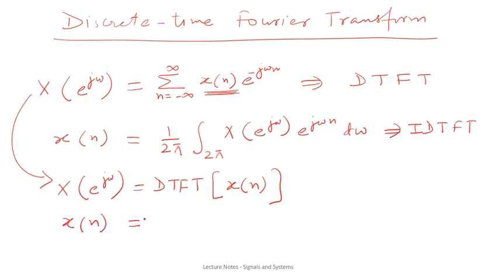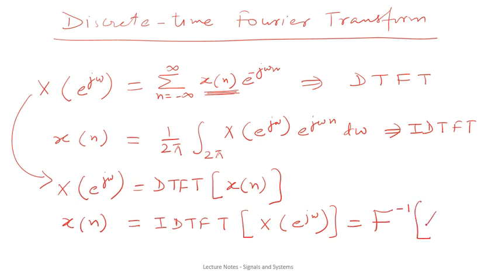Similarly, for the inverse Fourier transform, we can write that x[n] represents the inverse discrete time Fourier transform of X of e raised to the power j omega, or sometimes it can also be represented as this.